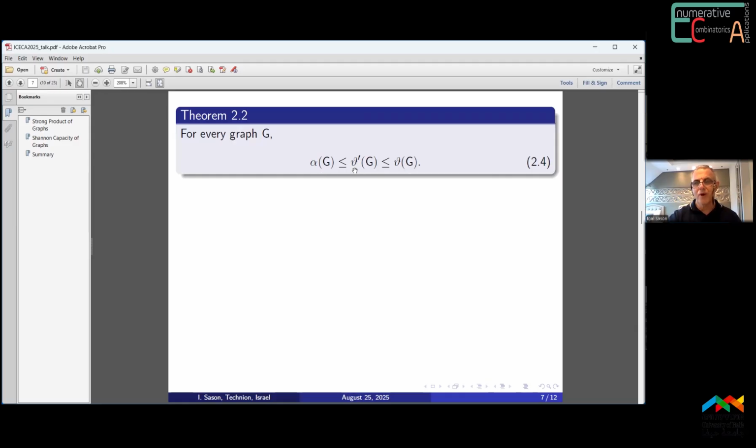So Schrijver's theta function is an upper bound on the independence number of the graph, and sometimes it is strictly better than the Lovász theta function. And I just want to remind you that the Lovász theta function is known to be an upper bound on the Shannon capacity of graphs.